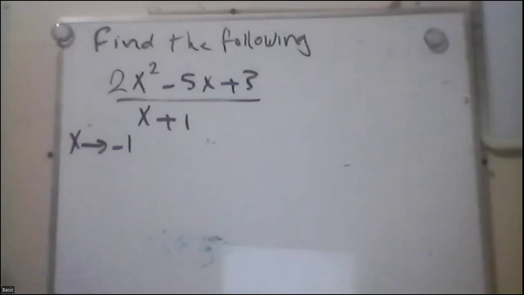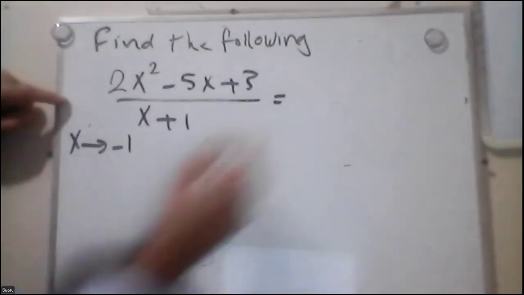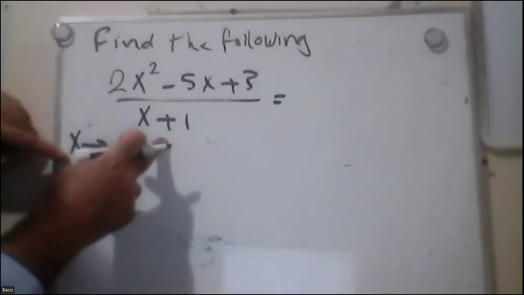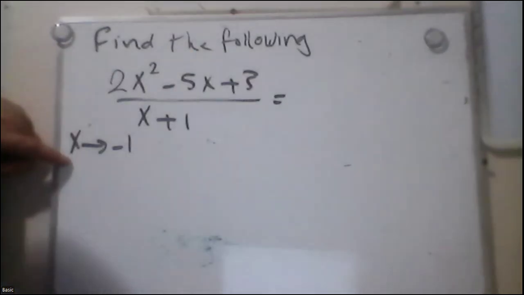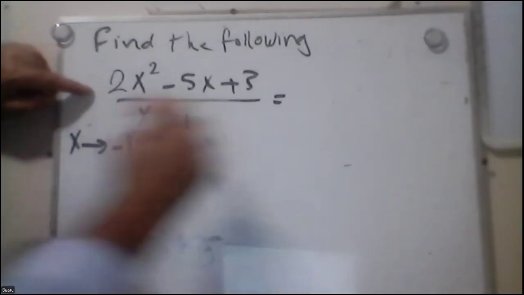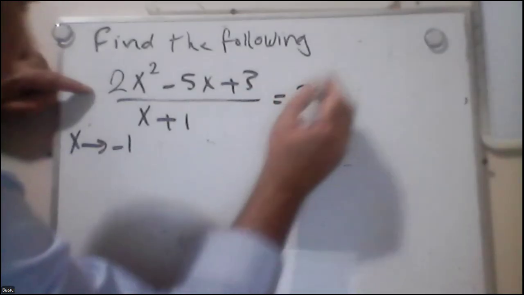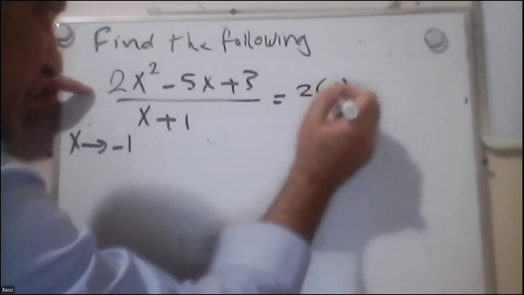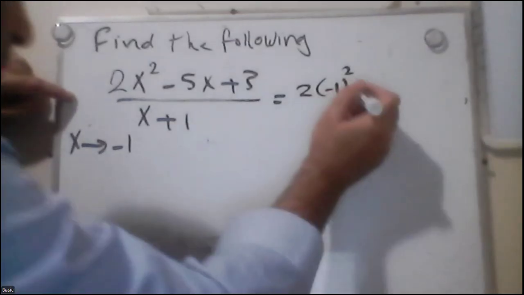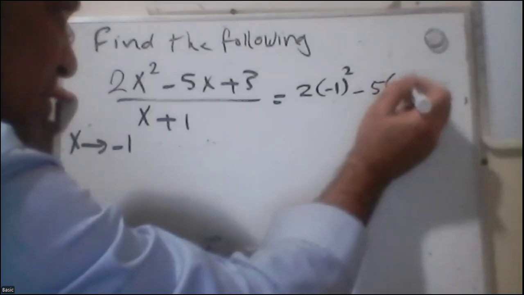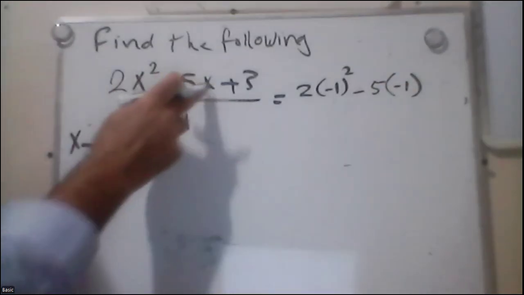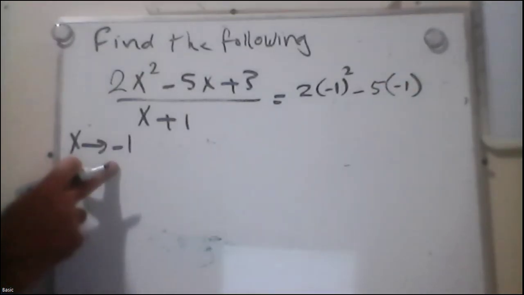If I substitute directly, even from the denominator itself, minus 1 plus 1 will be 0, and anything over 0 gives indefinite. So I will say 2 multiplied by minus 1 squared, minus 5 multiplied by minus 1, plus 3, divided by minus 1 plus 1. I'm removing the x and putting minus 1.